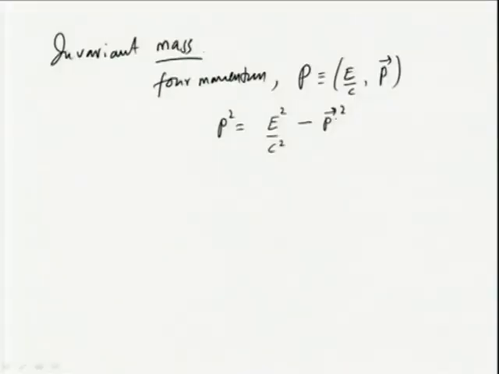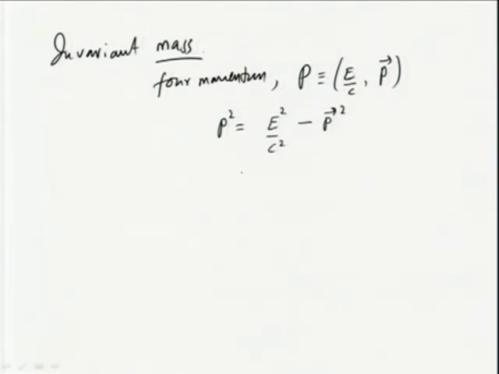You will see that the square of the 4 momentum is equal to E square by c square minus p square. For any 4 vector, it is the 0th component squared, E square by c square, minus the sum of the 1, 2, 3 component squares.